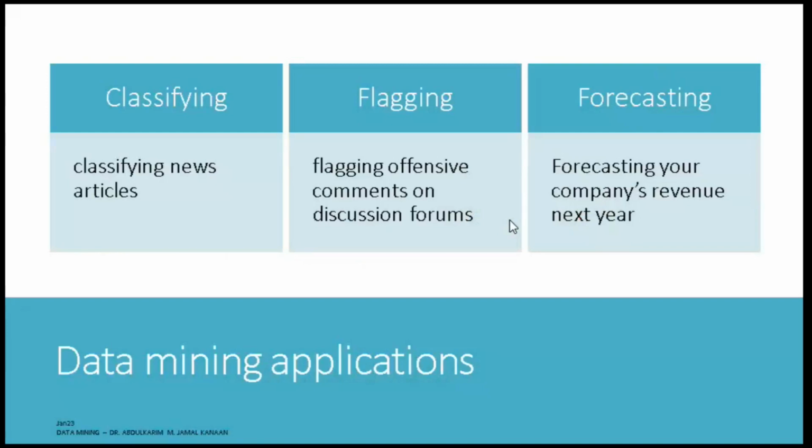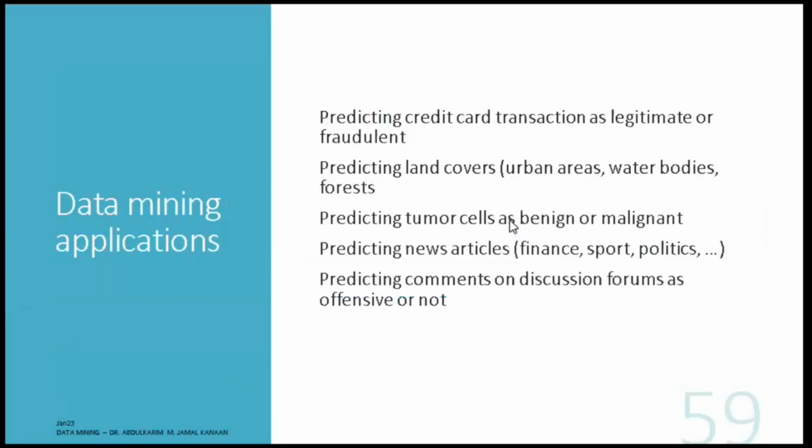So data mining applications: flagging offensive comments, maybe inside a discussion forum or Twitter, is also under classification. Forecasting your company revenue for next year is more under time series. Another example of data mining is predicting credit card transactions as legitimate or fraudulent. This is also classification.